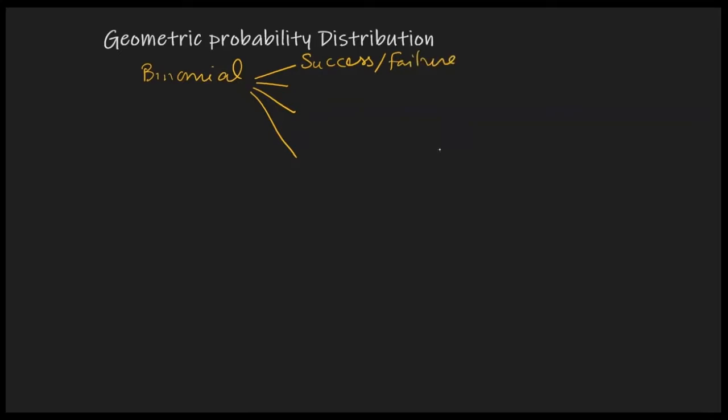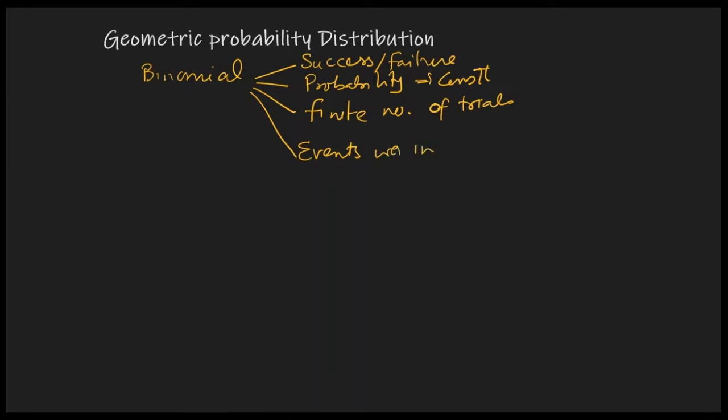Second, the probability of success or failure was constant. Third, there are a finite number of trials or events. And then the events were independent. All selections, trials, events were independent. These are the 4 conditions.